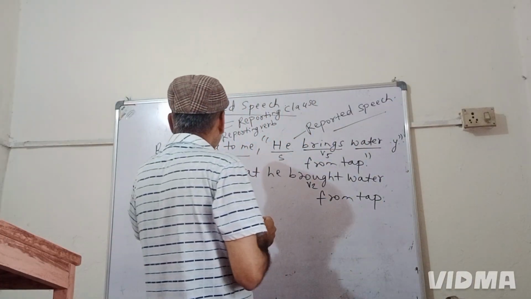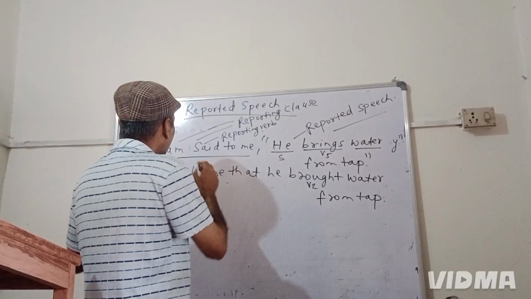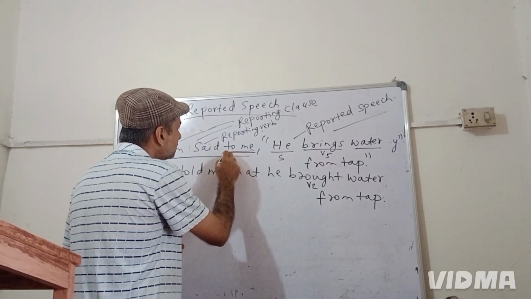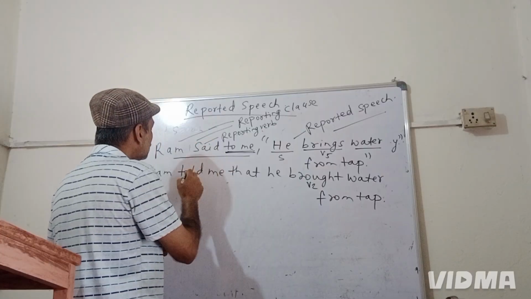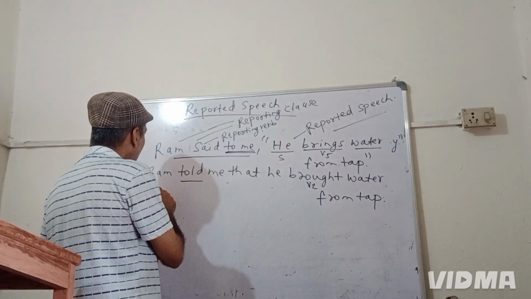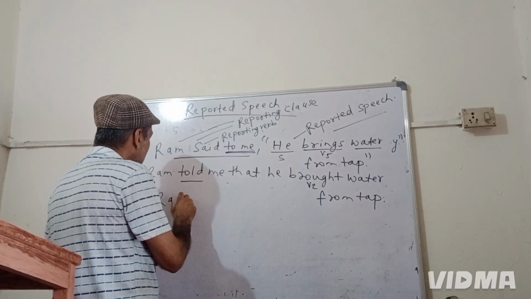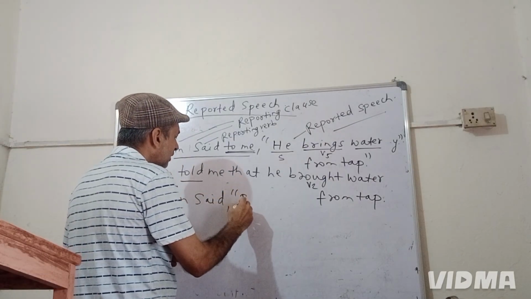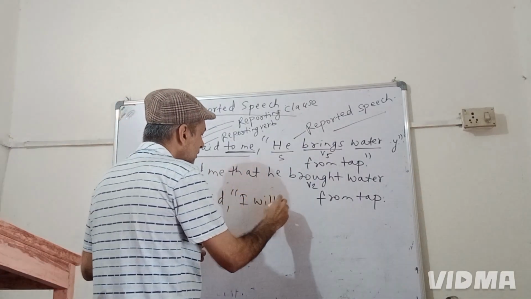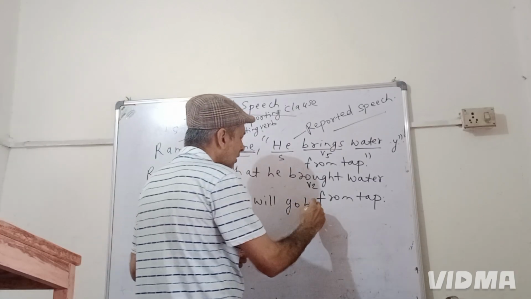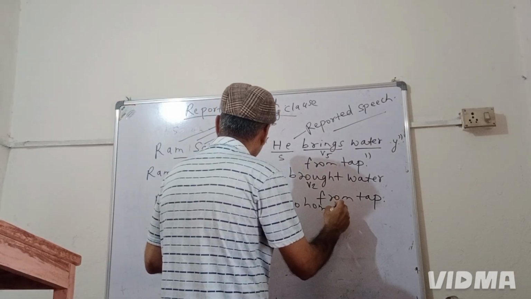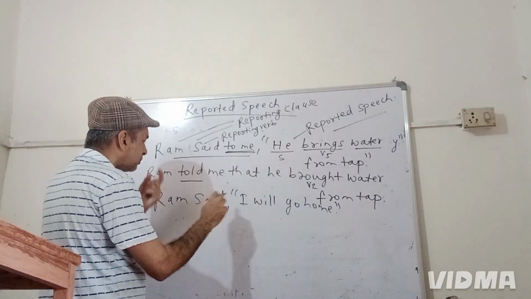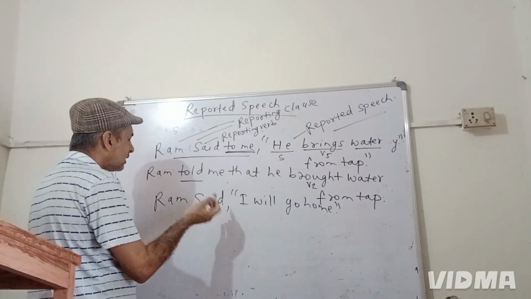And always mind that in some cases where the object is given, as in "said to me", it is changed into told. And where the object is not given, like Ram said, I will go home, then it is not changed into told.